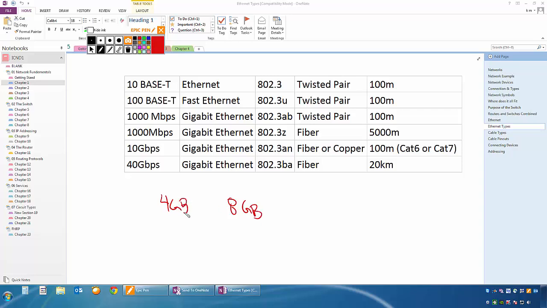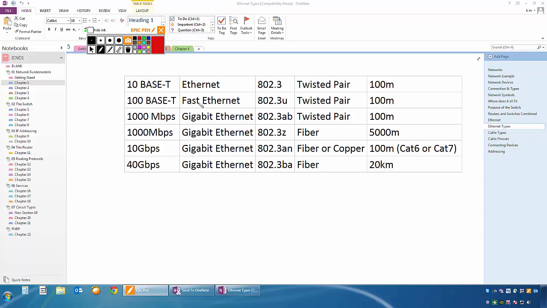Well, these would be gigabytes. Same thing, but one's 4 gig and one's 8 gig. It's different technology, and we might call this flash. We might call this fast flash. Make sense? That's what we're doing here.